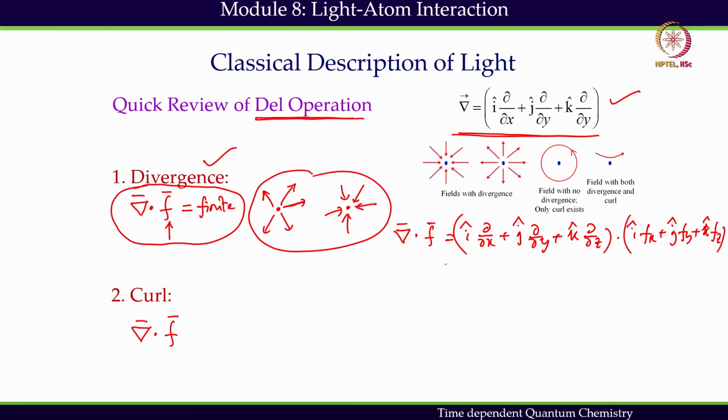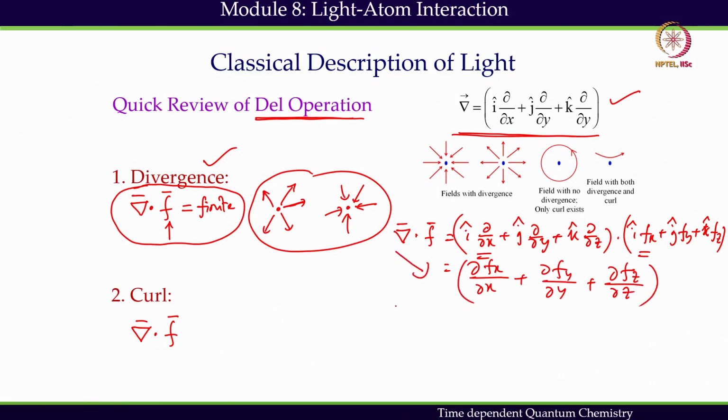So if we take the dot product, we can only get these products alive. The remaining part would be 0 because i dot j would be 0. They are perpendicular to each other, cos theta would be cos 90 degrees, so they will be 0. So finally I get fx del x plus fy del y plus fz del z. That's the value we get. So this is the mathematical derivation.